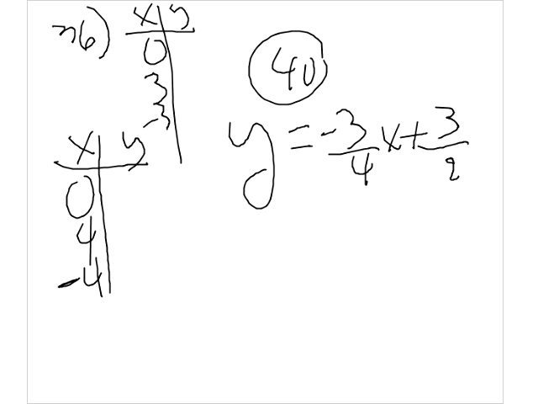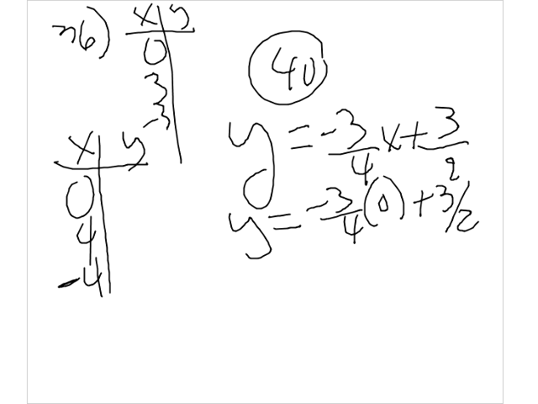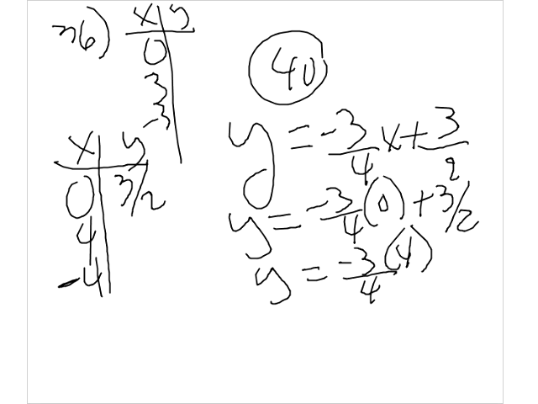So when x is equal to 0, we would be looking for y equals 3/2, or 1.5. That's halfway between 1 and 2 on the y-axis. How about when we let x equal 4? y equals minus 3/4 times 4 plus 3/2.